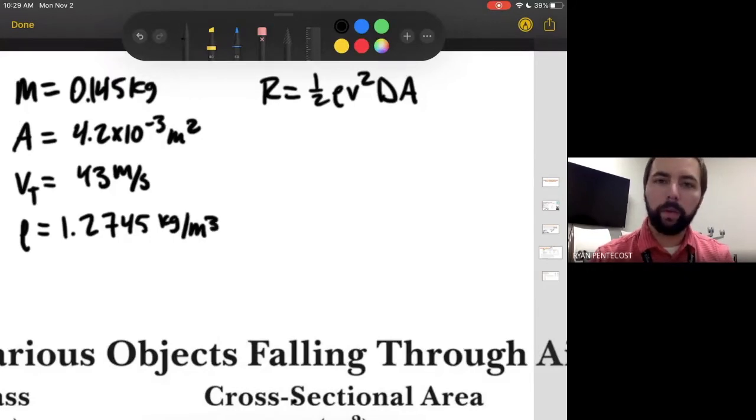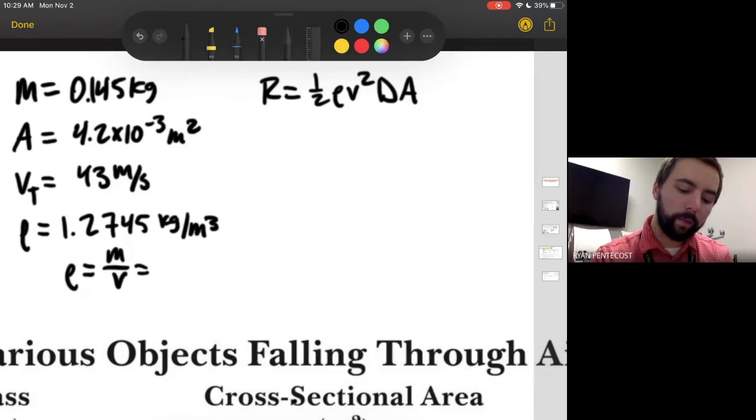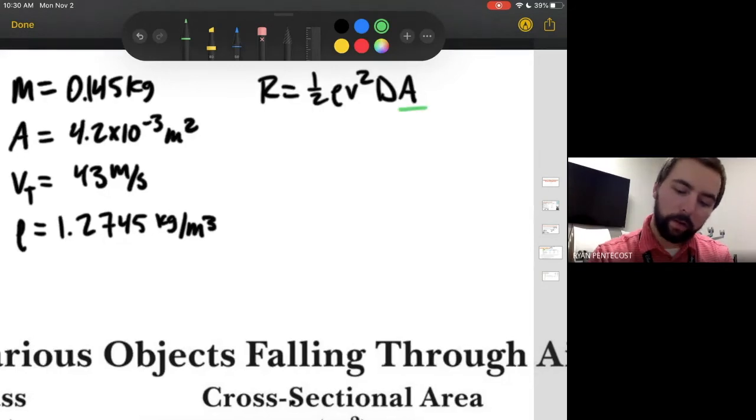If you want to remember the units for density, just remember the middle school equation: density is mass divided by volume, which would be kilogram divided by meter cubed. That's how I remember it anyway. So we've got mass, which isn't really there, area, velocity, and rho, but we also don't have d. But notice that we have terminal velocity.